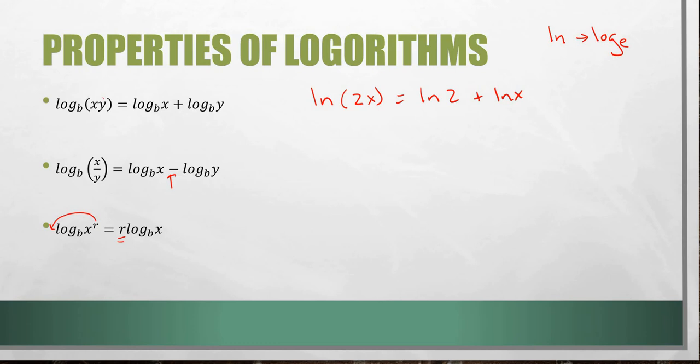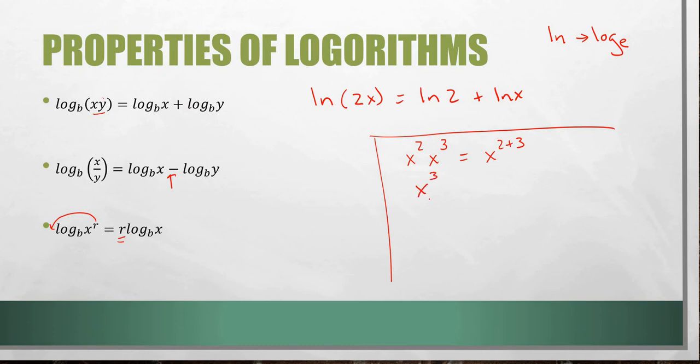They are very similar to our properties of exponents. Don't put this in your notes, but just take a look. Remember, exponents are the inverse, so if I am multiplying two bases, I end up adding their exponents. Multiplication and addition go hand in hand.